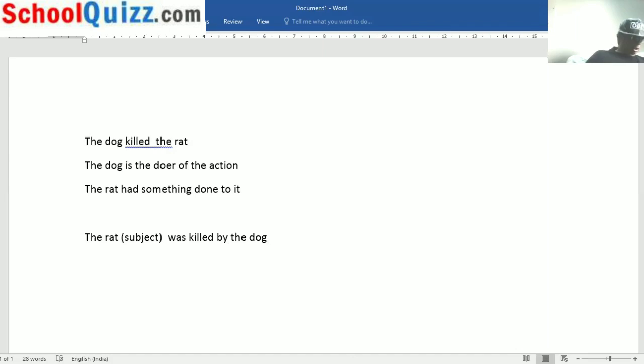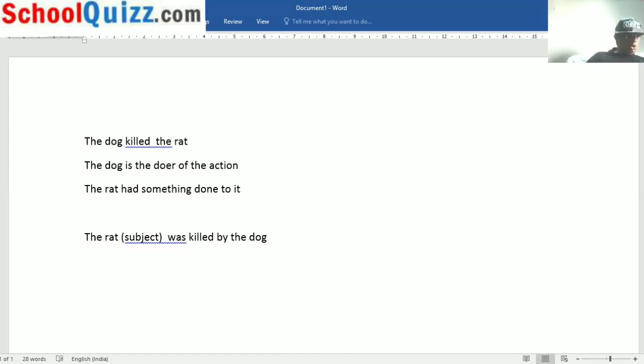So the rat didn't do anything. It was the receiver of the action. So that becomes the passive voice.